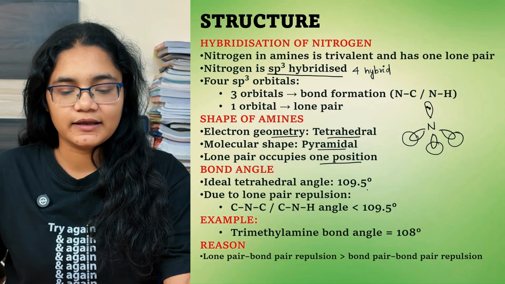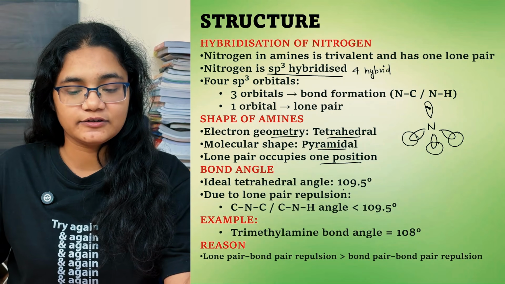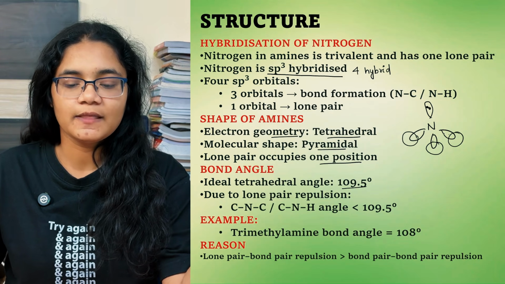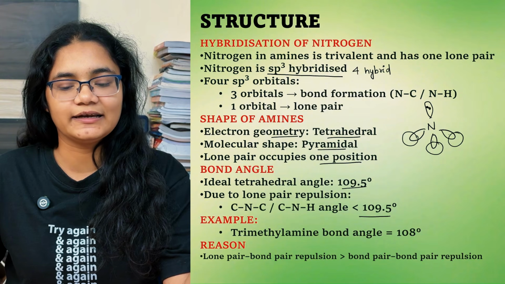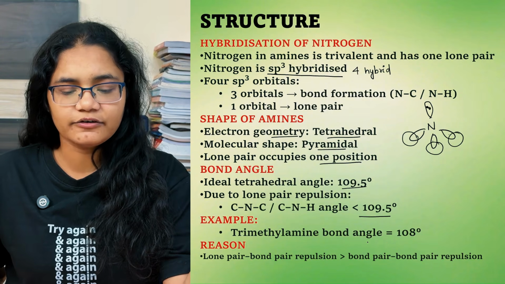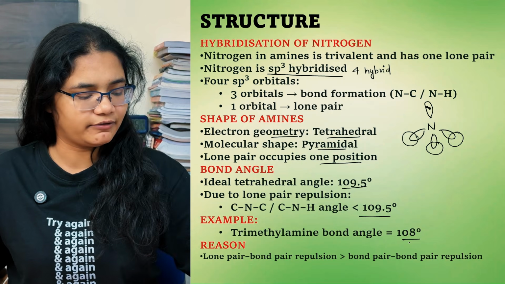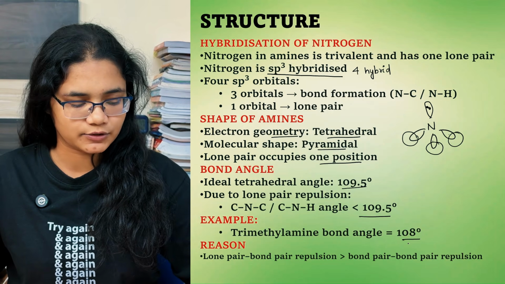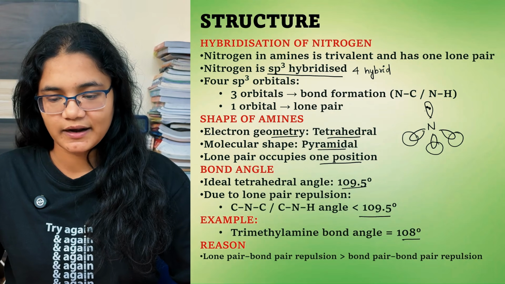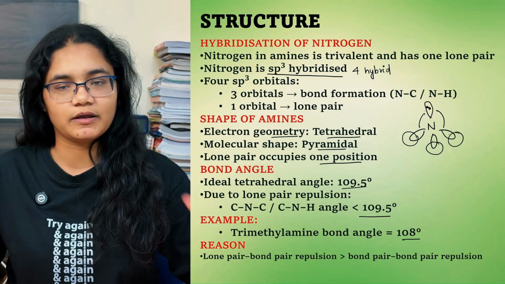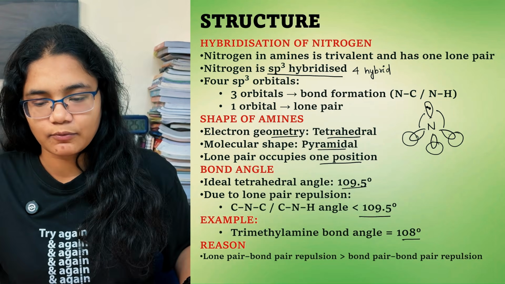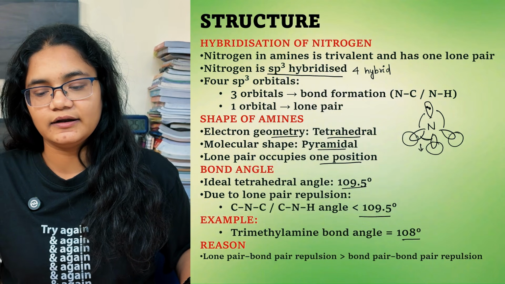The normal tetrahedral bond angle is 109.5 degrees, but since this is pyramidal, due to repulsion the angle is slightly less than 109.5 degrees. For example, in trimethylamine the bond angle is 108 degrees. What is the reason? There is a lone pair and bond pairs, so lone pair-bond pair repulsion is there. Due to this, the bonds come closer to each other and the bond angle between them decreases.